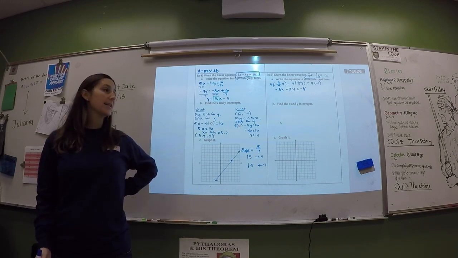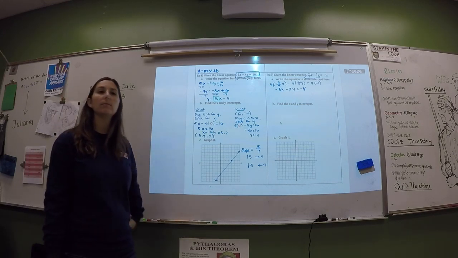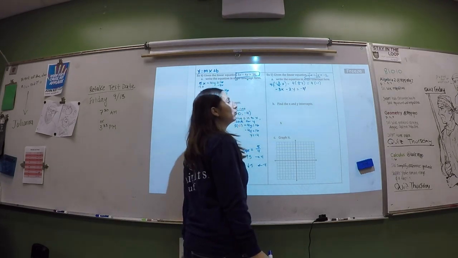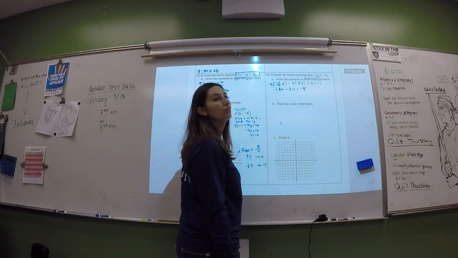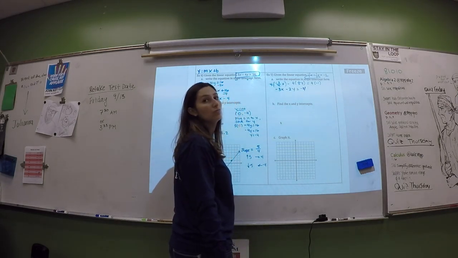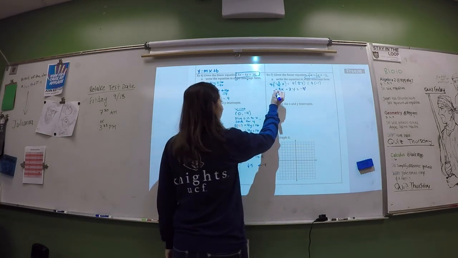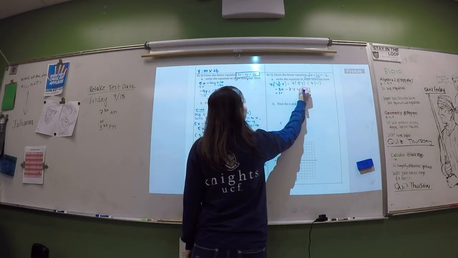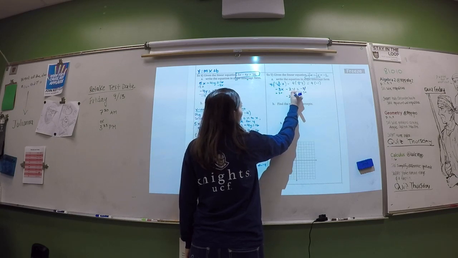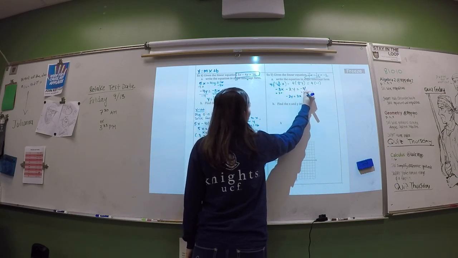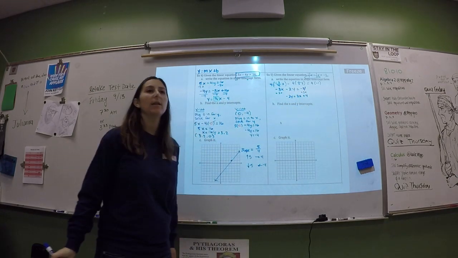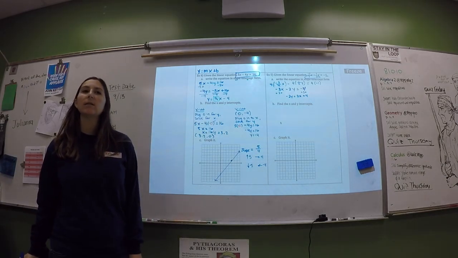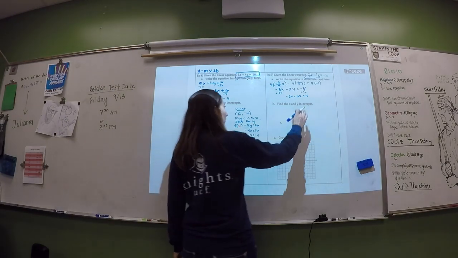Now how do we get y by itself? Add the 3x. So negative 2y equals 3x plus 4. Am I done? Oh, it is minus 4, thank you.